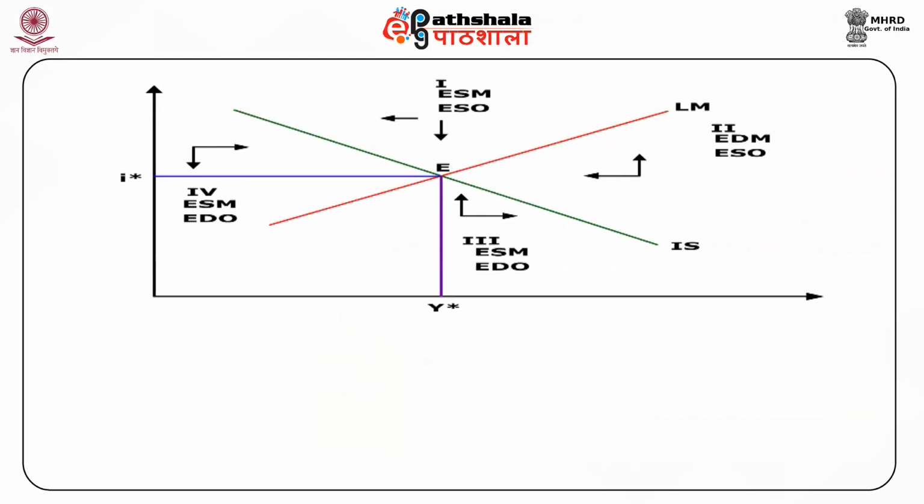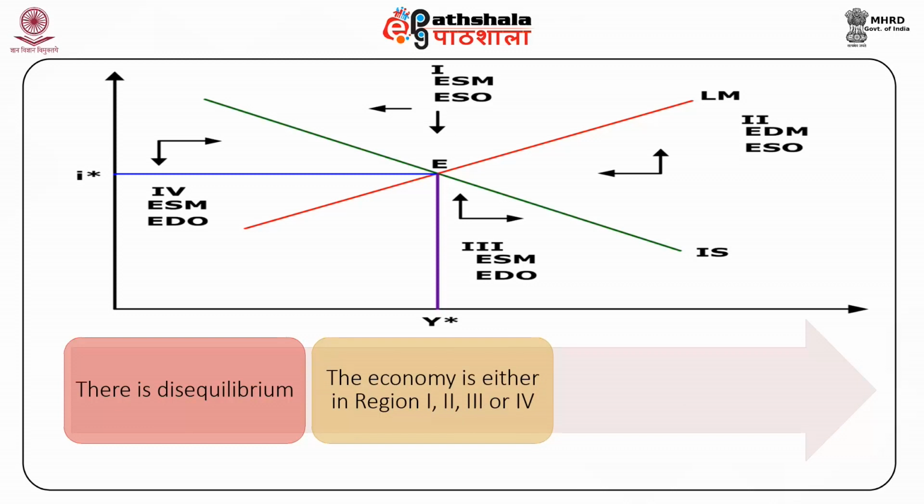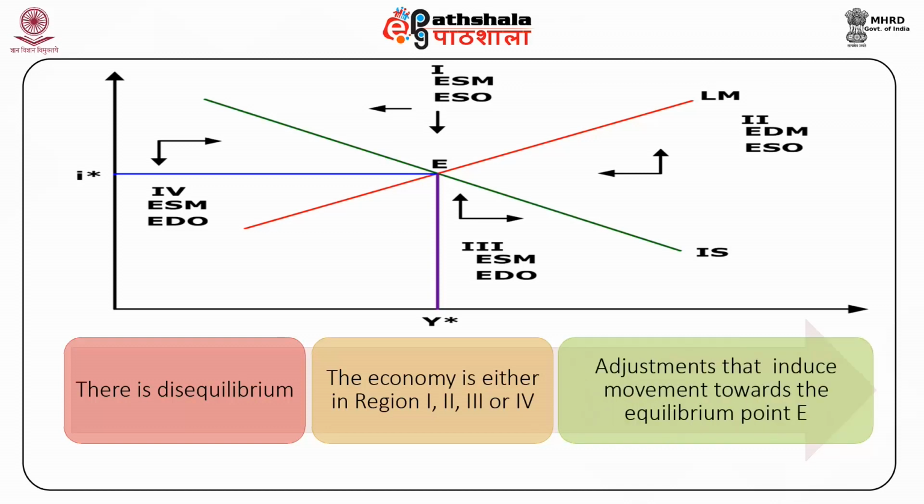We will now see that in case there is disequilibrium and the economy is either in region 1, 2, 3 or 4, there will be adjustments that would induce movement towards the equilibrium point E.